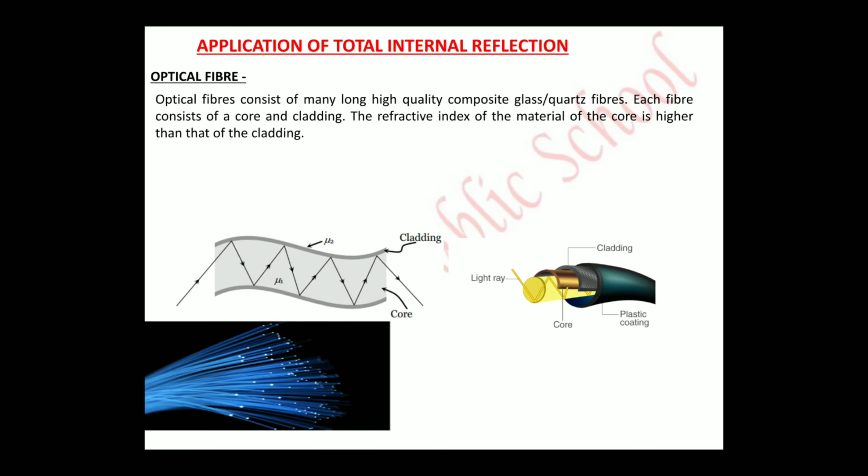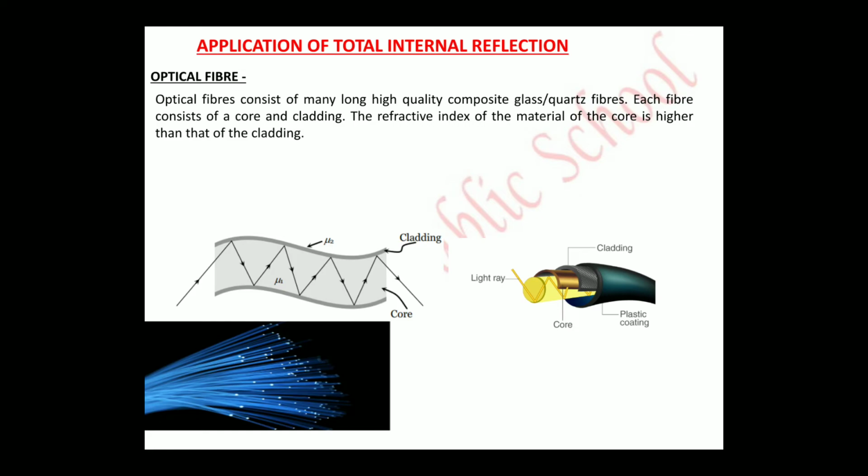Now why is it so? Suppose a ray of light is entering on the fiber as it has been shown in the diagram. Now what happens in the fiber when it strikes a surface? From a material of mu1 refractive index, the light has tendency to go in a material of mu2 refractive index. But mu2 is less than mu1, means the light is moving from denser medium to rarer medium.